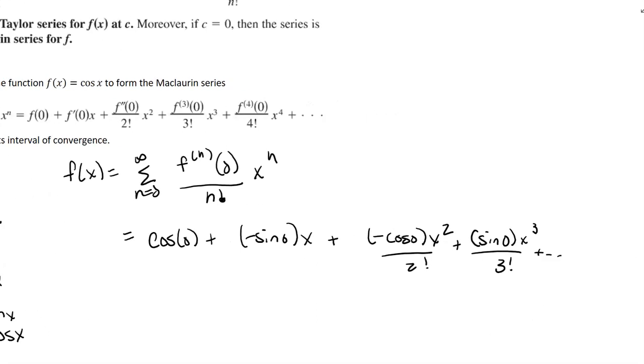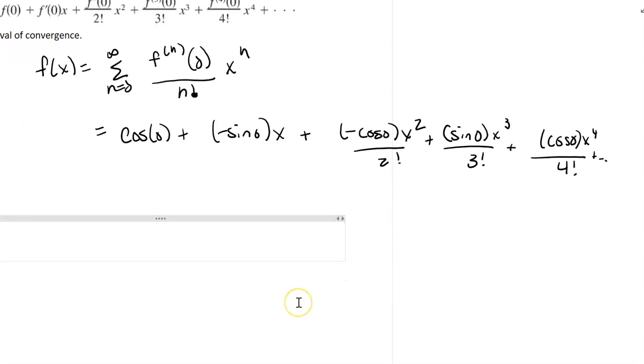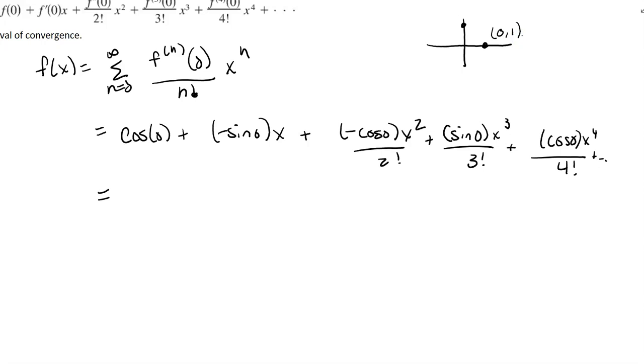Let's do one more. For n equals 4, we would have the cosine of 0 times x to the 4th over 4 factorial. Just looking at those derivatives, however you need to determine the sine and the cosine of 0, I like to look at a unit circle. So this is 0, 1, that is 1, 0.